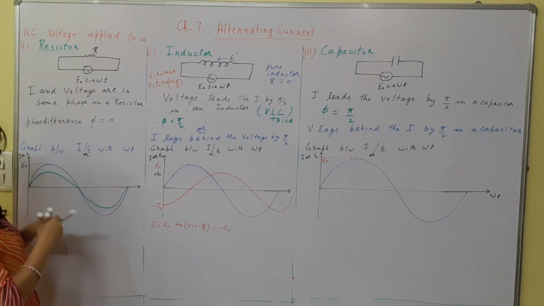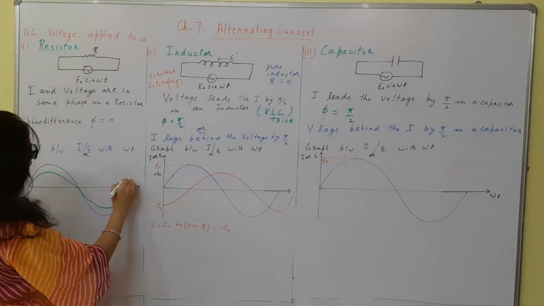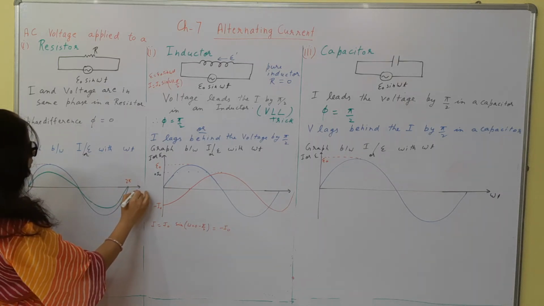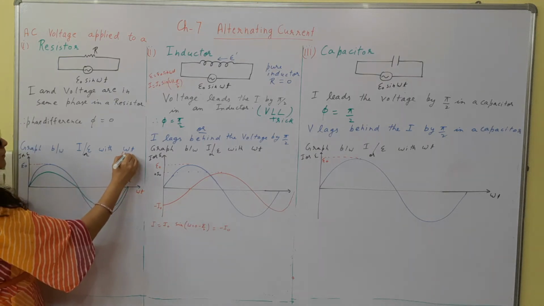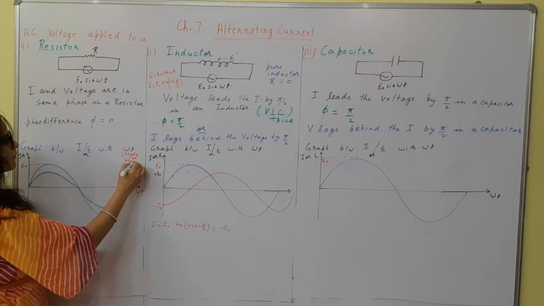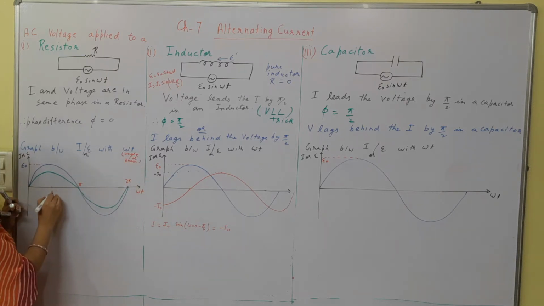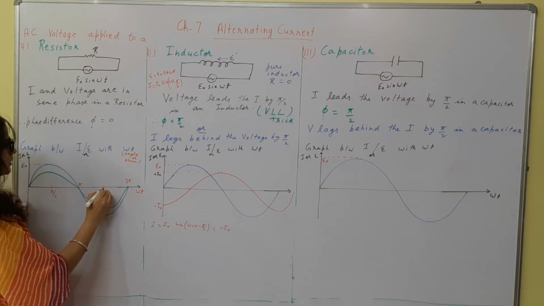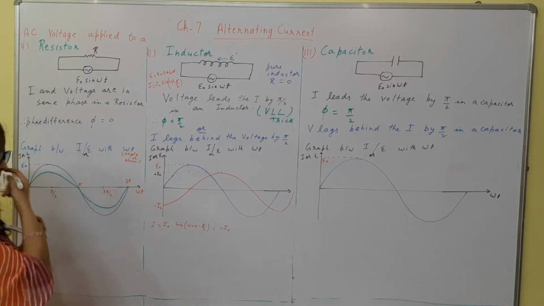We can mention 2 pi. This we are showing in terms of angle. Omega t is angle, no? This is pi, this is pi by 2 and this is 3 pi by 2, right?